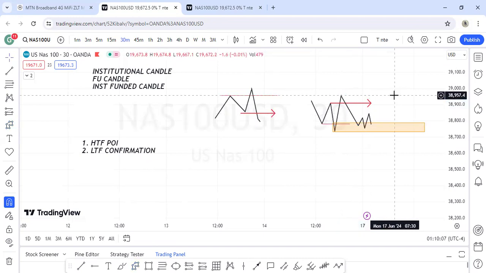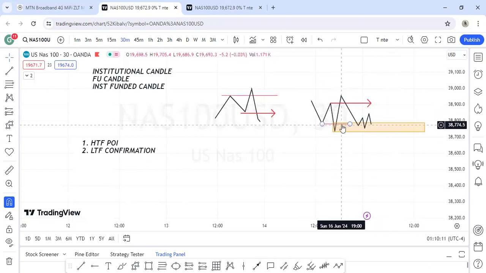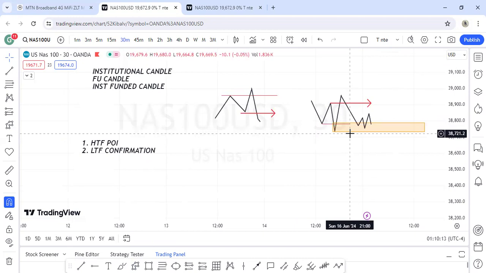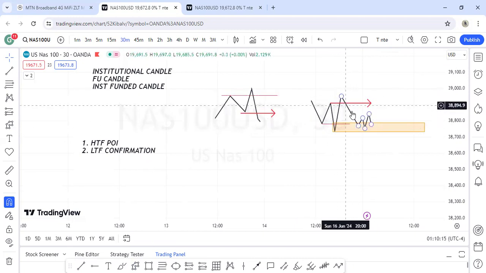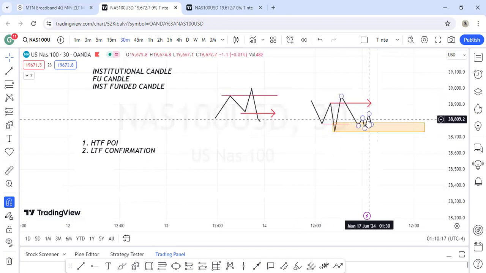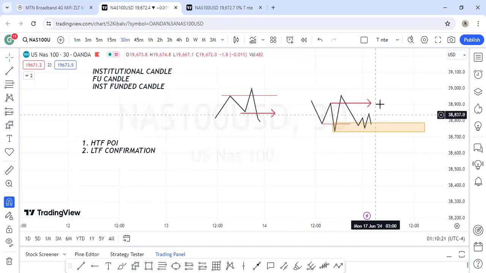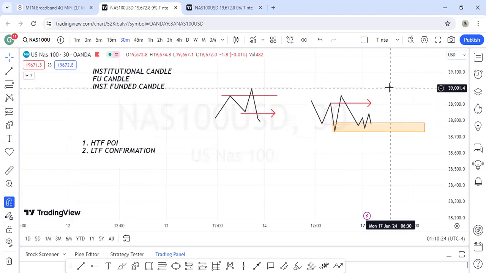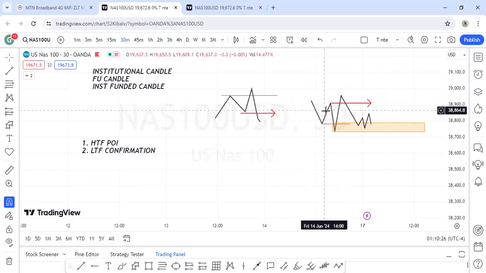So I've taught you a simple entry model now. The same thing that happened on the higher time frame has to also occur on the lower time frame. When price comes back to that point of interest, you see price give that same setup, and then you can look for your buy positions with a smaller stop loss on the lower time frame.